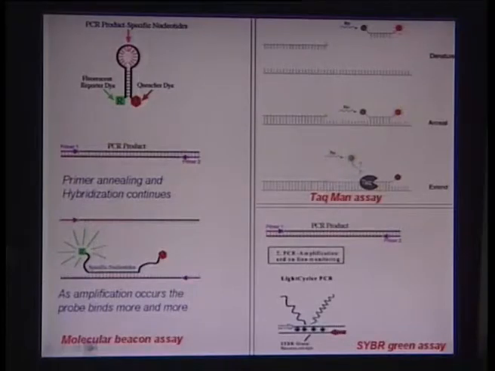So let us see what different techniques there are where we can link the fluorescent dye to the DNA molecule, and also see how growth would be indicative of what stage the reaction is in. The first technique that is very useful is called a SYBR Green assay. SYBR Green is a fluorophore.